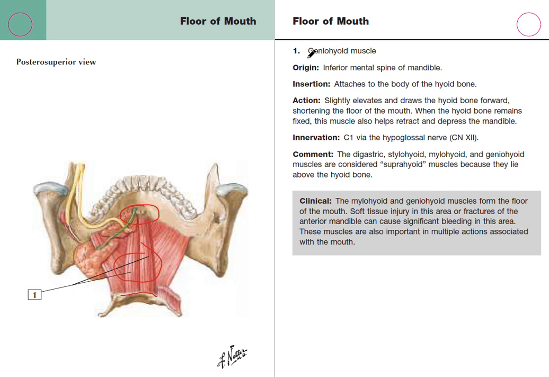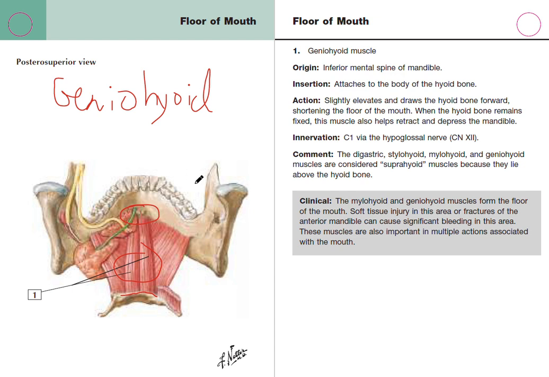A useful tip when determining the origin and insertion is to look at the name of the muscle. For example, genio stands for the mandible. So we know that this muscle has its origin from the mandible, and hyoid, of course, refers to the hyoid bone, wherein we know that therefore the geniohyoid muscle, while having its origin from the mandible, inserts into the hyoid bone.